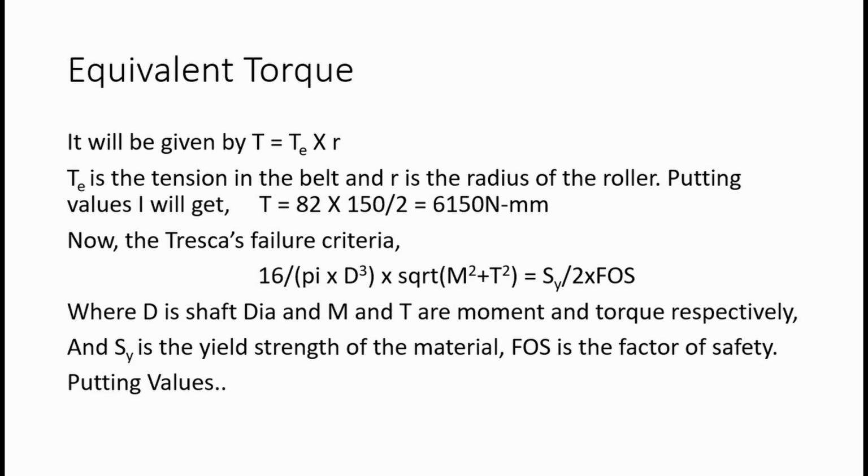Now Tresca's failure criteria is given by 16 by pi d cube into square root of M square plus T square equals Sy divided by 2 multiplied by factor of safety, where M is the equivalent bending moment and T is the torque, Sy is the yield strength of the material and FOS is the factor of safety.